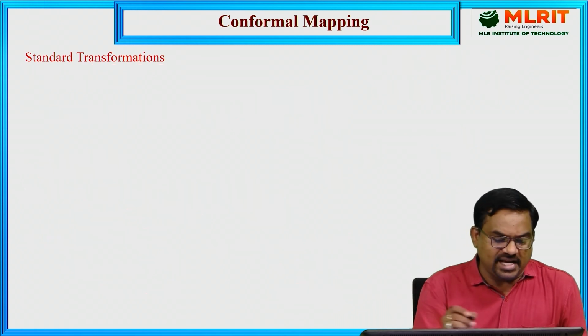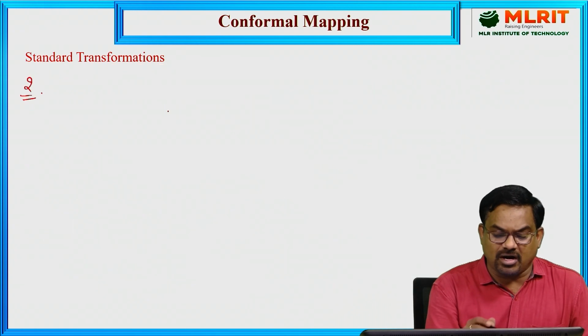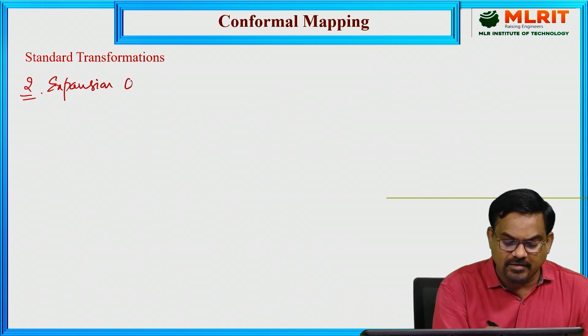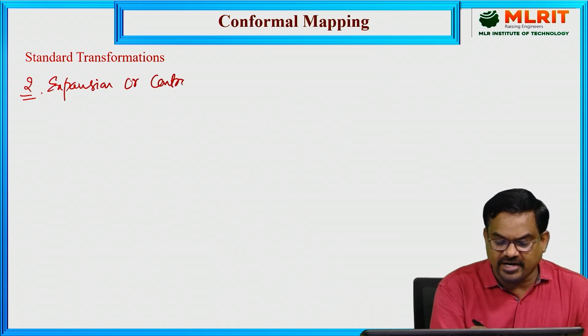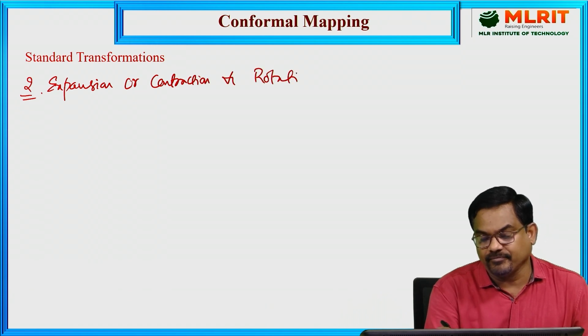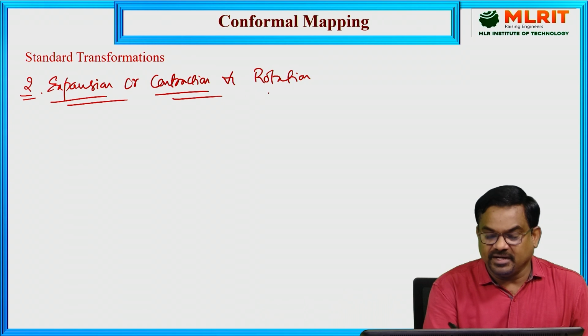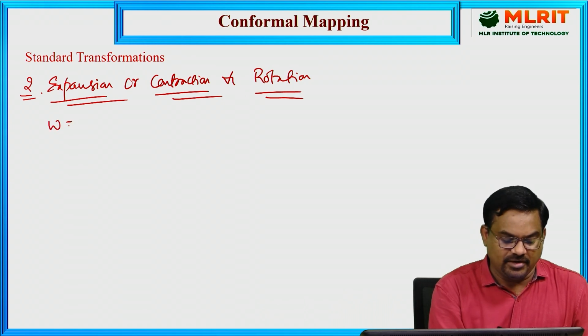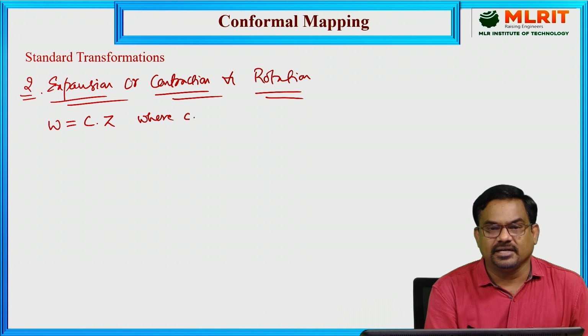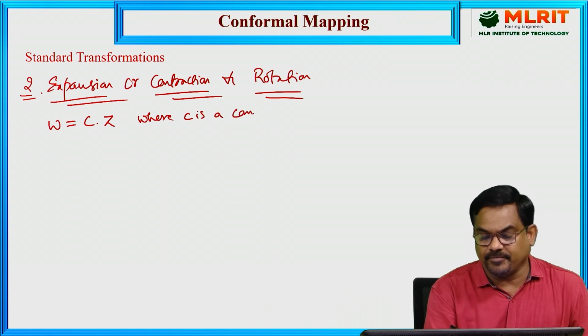Now coming to the second one, expansion or contraction and rotation. So here let us consider the transformation W equal to Cz, where C is a complex constant.